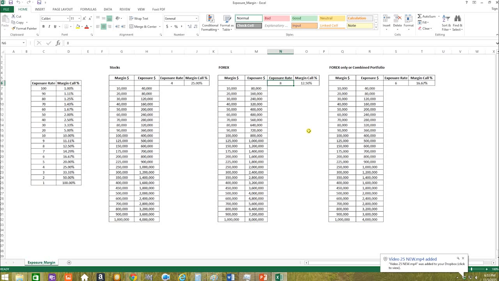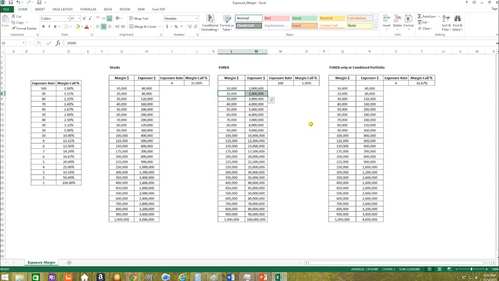Because one thing that isn't an option is obviously having 100 times exposure, because all we have to do is lose 1%, 20,000 on a $2 million or equivalent position, and we're wiped out. 1% can be a few days move, maybe 3-4 days move, where a currency pair goes against you by that much in 3 to 4 days, and you're wiped out. You're receiving a margin call.